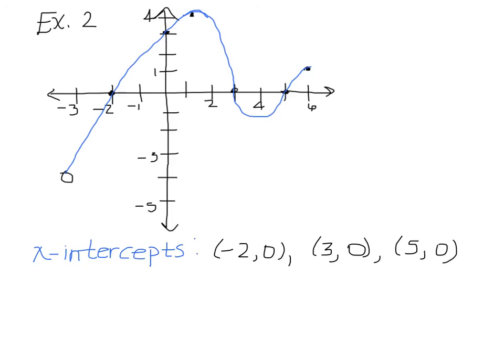And then we have the y-intercepts. And if it doesn't touch, you'll just say no x-intercept or no intercept. This one only has one y-intercept, which is (0, 3).